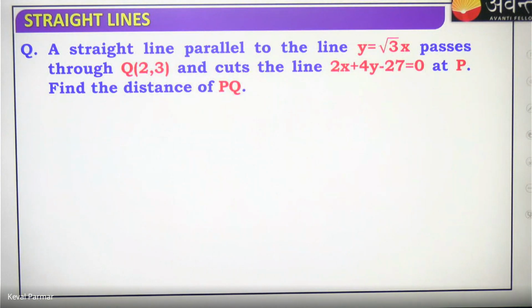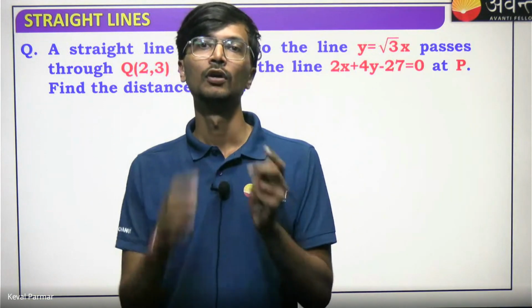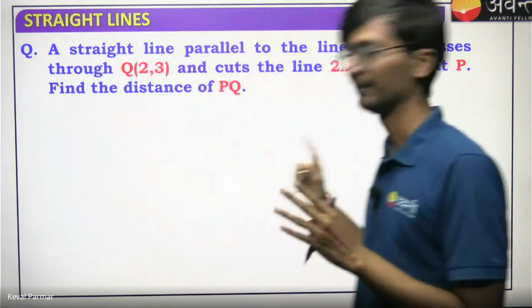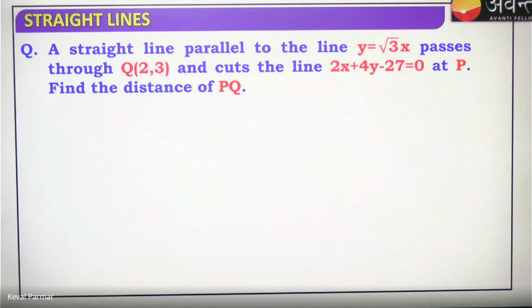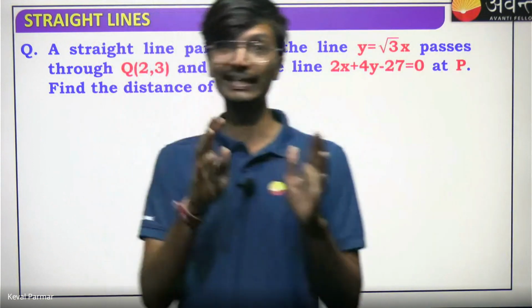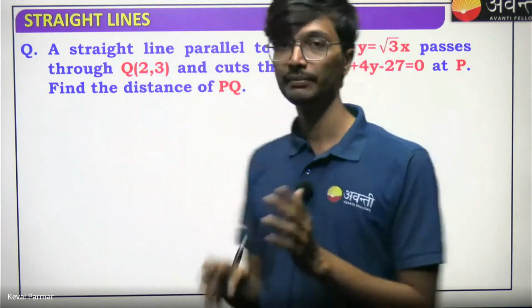Again, this is a question of point of intersection, that is concurrence, and parametric form. Again, this is a previous year question. I would like to give you all some time to solve it, not just think about it. Find the distance PQ.